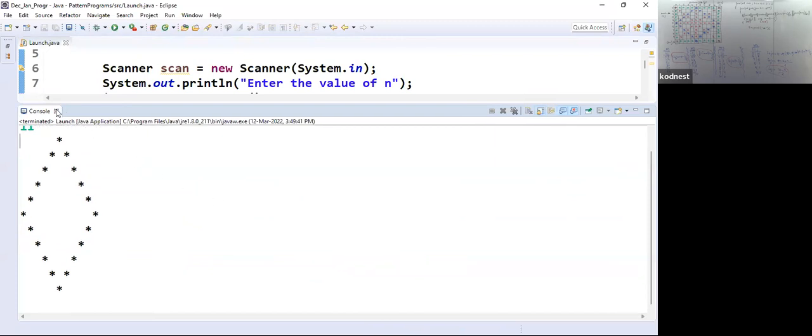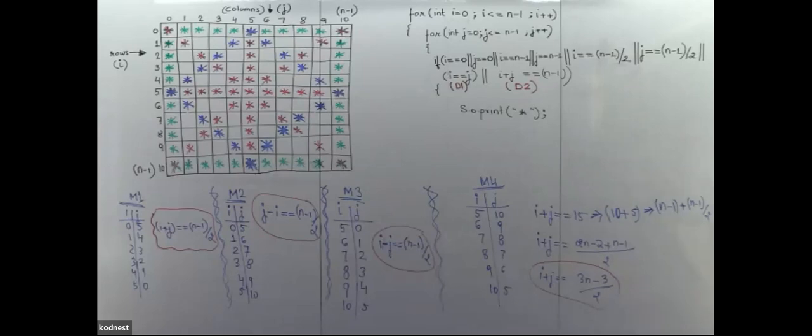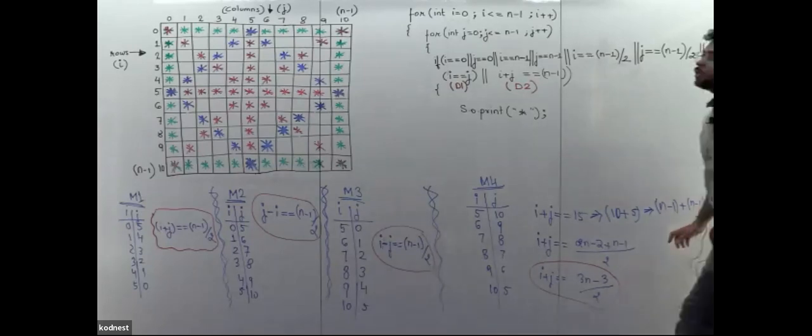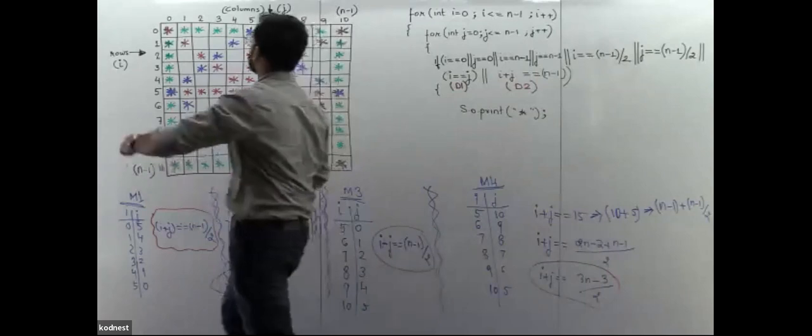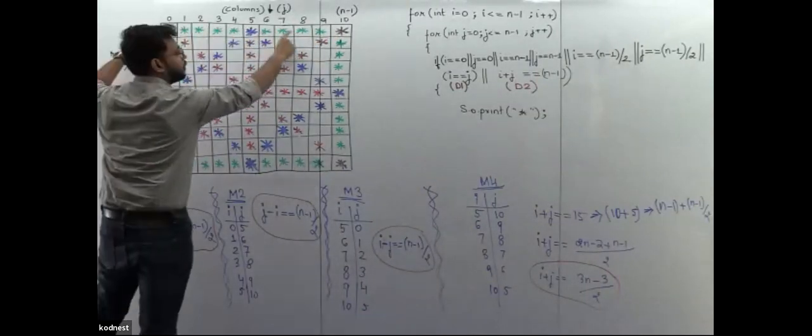And now with this, you can make anything whichever you want. Any alphabet you want, you can make it from all these conditions. And how many conditions have we learned?